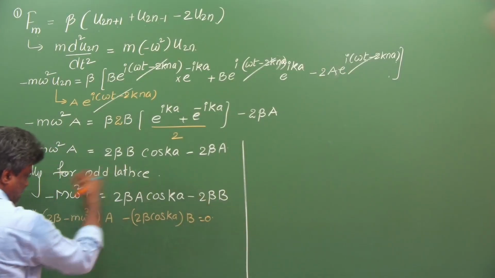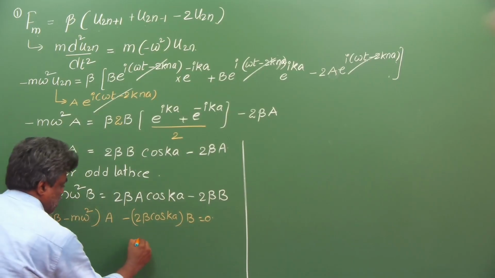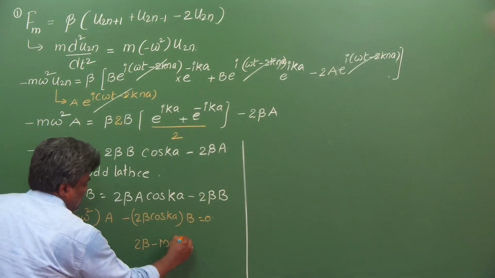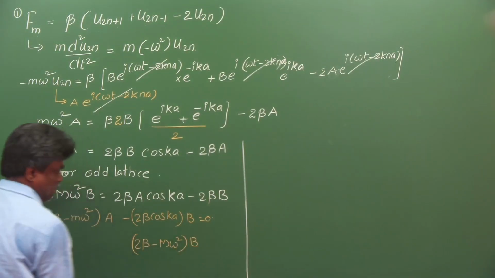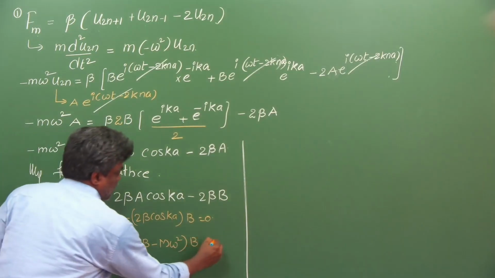If I bring this term to this side, 2 beta minus M omega square into B. Next one, ready? Is it plus or minus? Next, bring this: minus 2 beta cos K a into A, equal to 0.